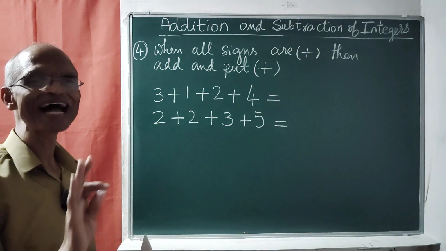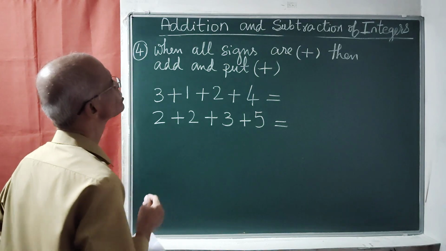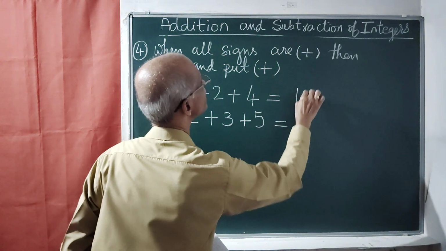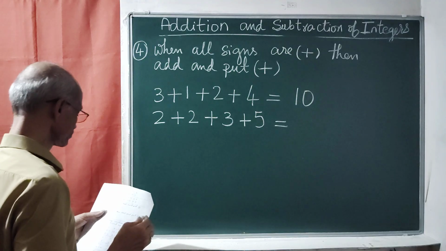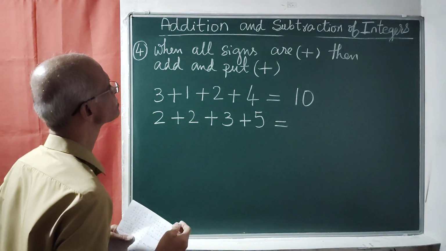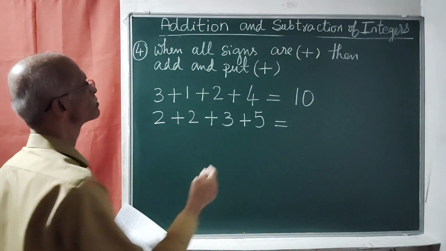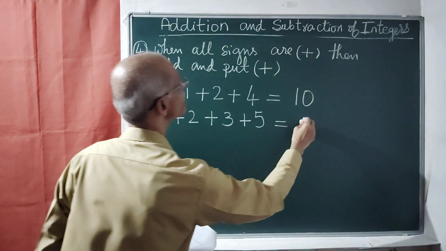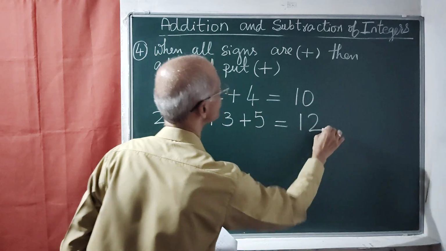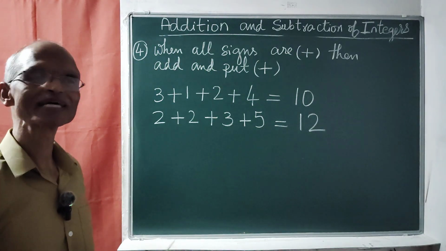What should I do? Add and put plus. I will get plus 10. Here I will get how much? 5, 6, 7, 8, 9, 11, 12. So I will get plus 12 here. When all are pluses, add and put plus.